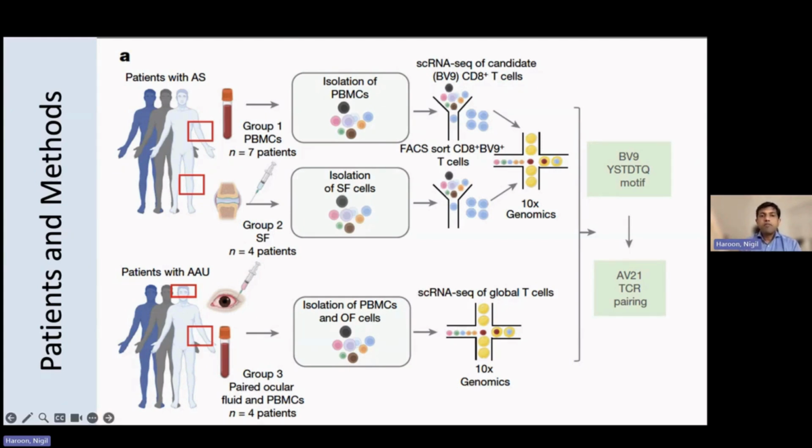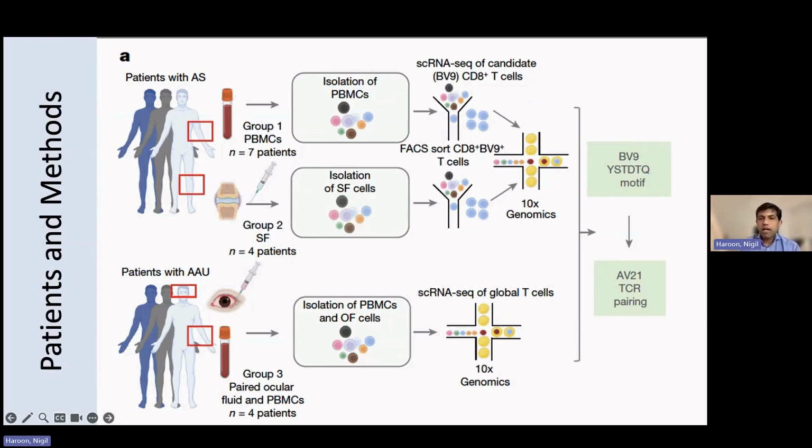For AS, peripheral blood of course, and the tissue is from the synovial fluid or joint inflammation. It's very difficult to do a biopsy of the spine to get actual tissue from the back, so they took fluid from the peripheral joints because there was swelling. And for uveitis, obviously peripheral blood, and the tissue is the eye, because it's eye inflammation. So eye fluid was taken out.